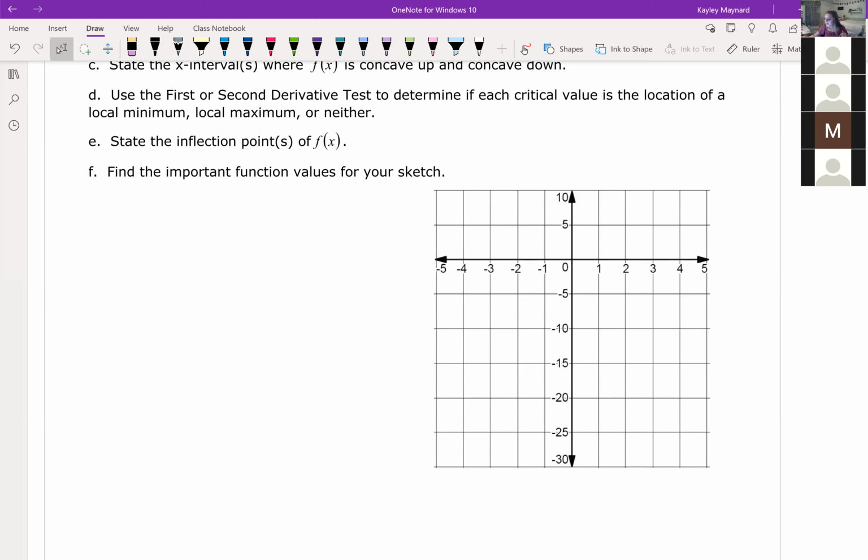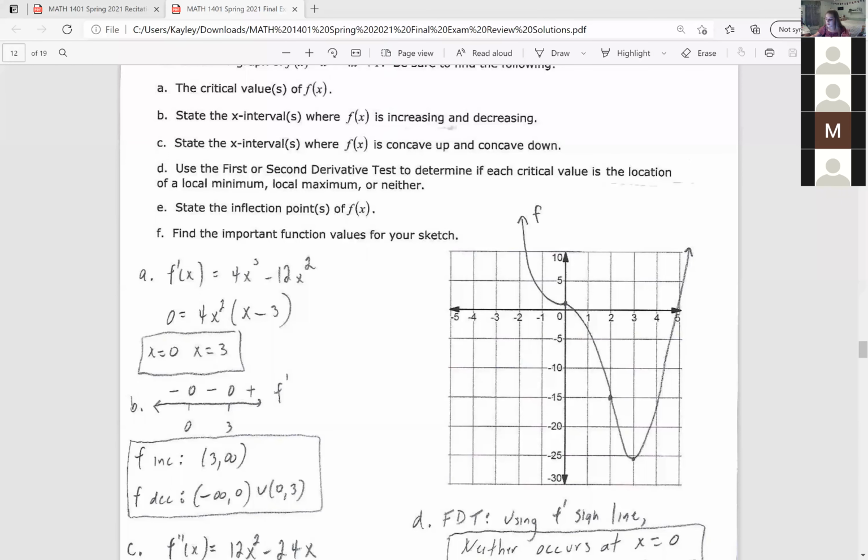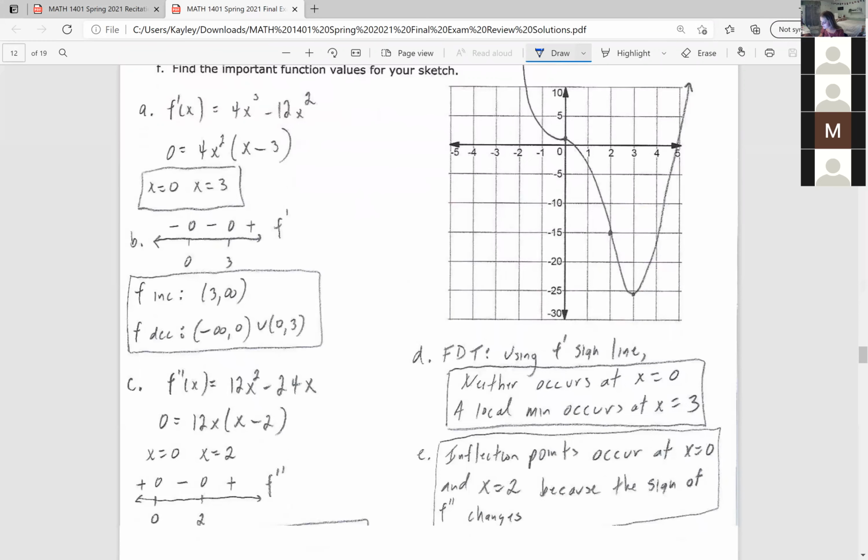So actually, I'm just going to share the answer key and talk about what the graph looks like. I think that would be a lot easier. All right. So this is what the graph looks like on the answer key. Let's talk about it. So yes, the inflection points are 0 and 2.